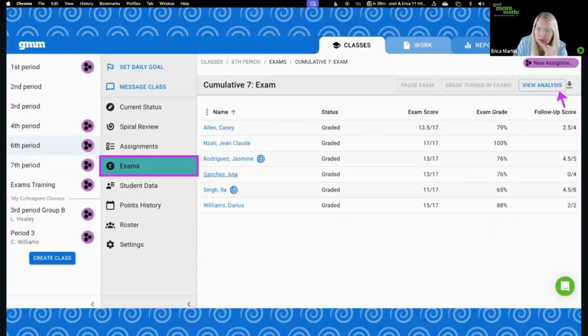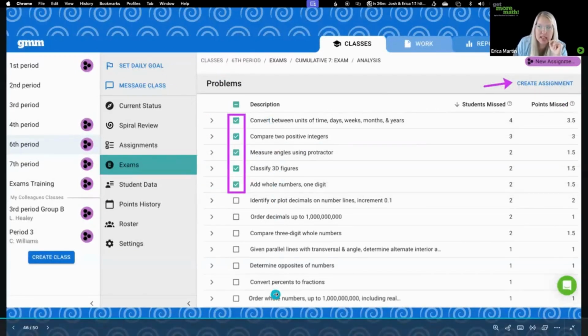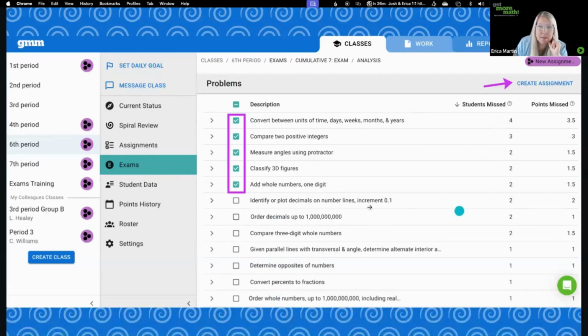Okay? Another really cool feature in our assessments is the analysis tab. So when you are in your exams, you'll see up there in the top right, I can click View Analysis. And what happens is it will show me every skill that was included in the test. It will show me how many of my students missed each skill, so I can easily rank them. You can see here, this was my most missed skill, 3 students, 2, 2, 2.